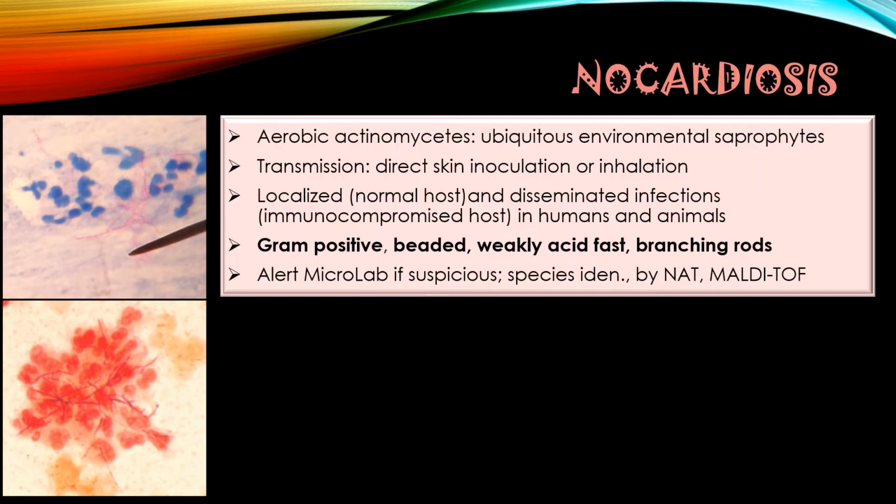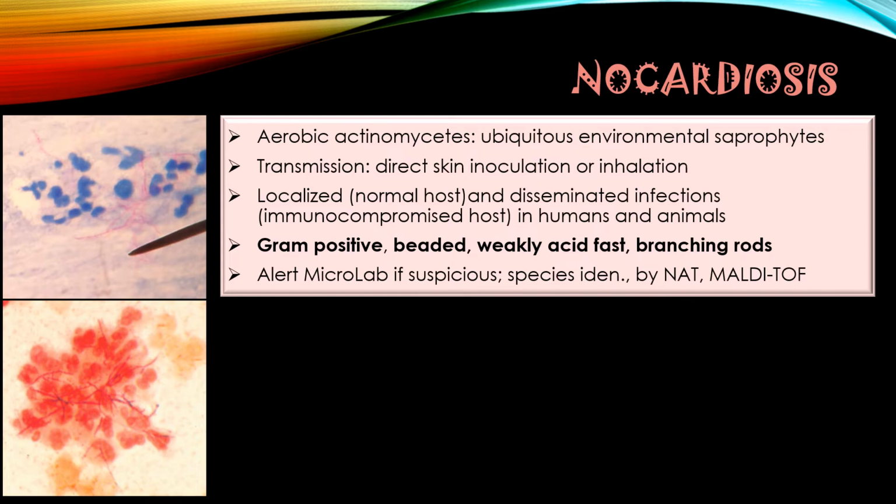The other cause of pneumonia, besides the other typical pneumonias, is pneumonia caused by Nocardia. We can call it nocardiosis or pulmonary nocardiosis. This pathogen is an aerobic actinomycete that we find in the environment, and it can be transmitted by direct skin infection or inhalation.